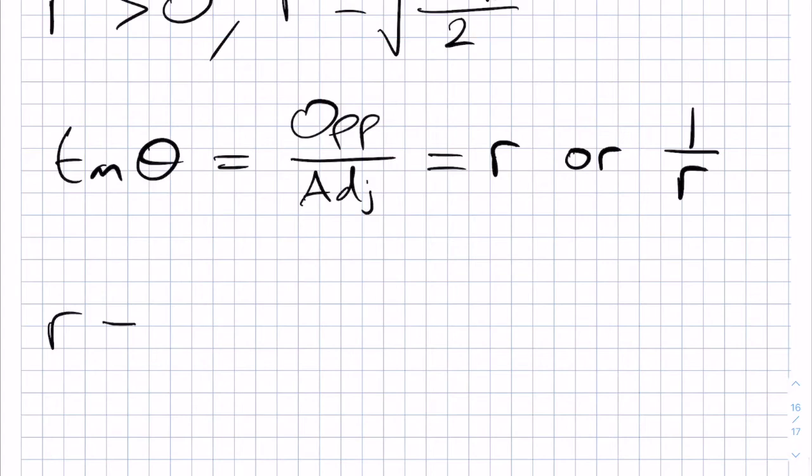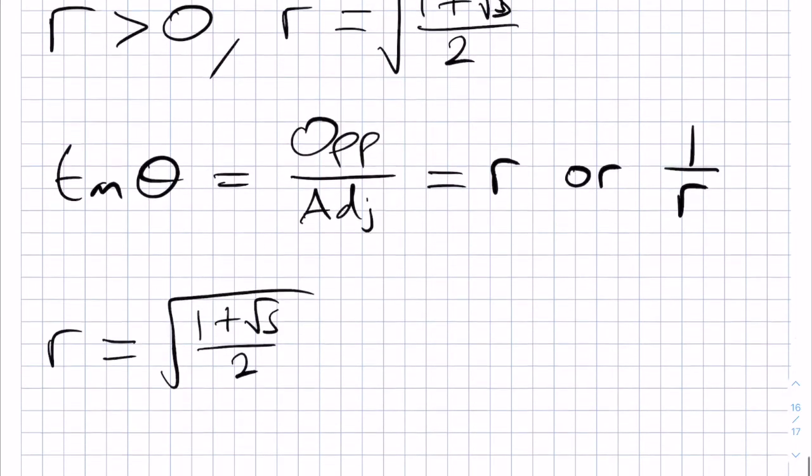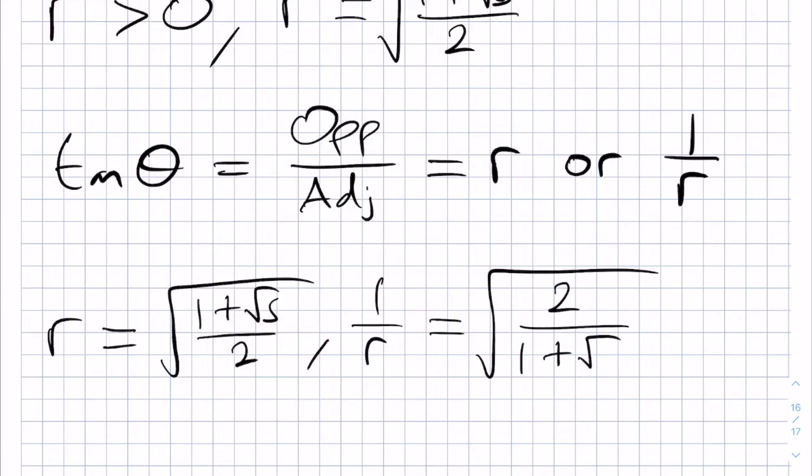Since we have r equals the square root of (1 plus root 5) over 2, then 1 over r is the square root of 2 divided by (1 plus root 5). But in order to get an answer that we have among the options A, B, C, D, and E, we should write this in a more appropriate form by rationalizing the denominator, i.e. having our square root on top.